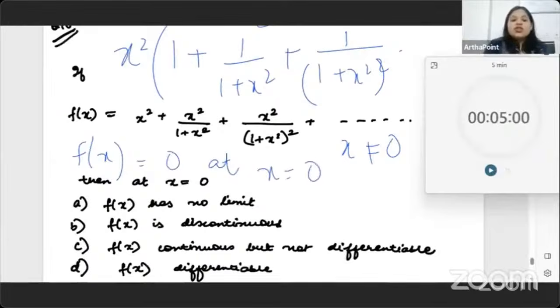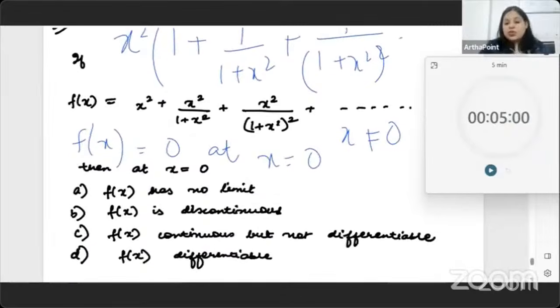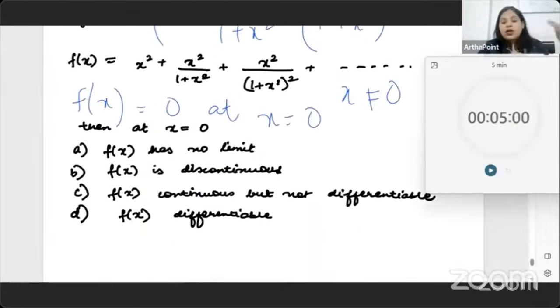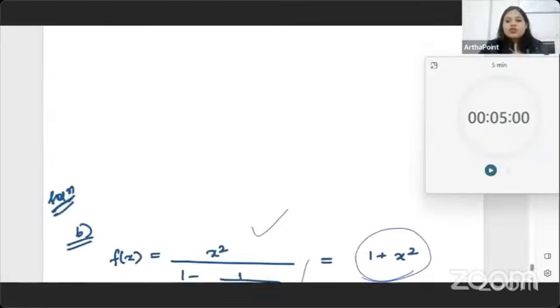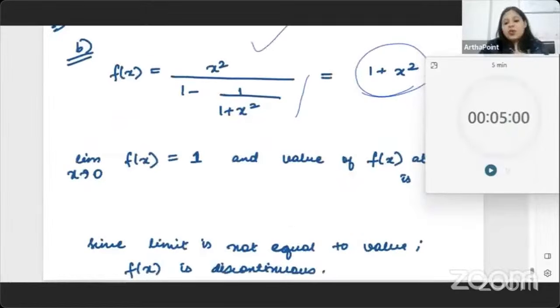So if the function is 0 at x equal to 0, and for any value close enough to 0, I'm getting the answer as 1, I know that the limit is not equal to the value of the function and the function is discontinuous. So I skipped that line in the question.